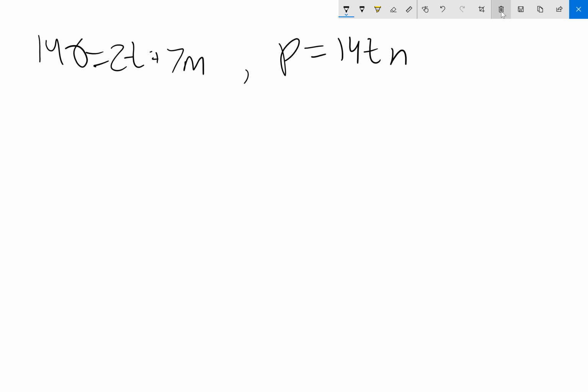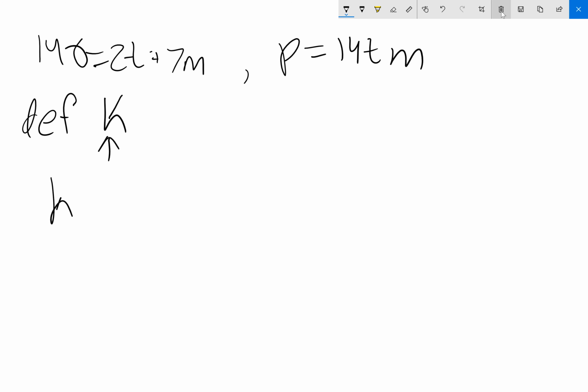Okay, so on number 9, we have 140 equals 2t plus 7m. And we also have p equals 14tm. So it says define a function k. That's the name of our function, right?